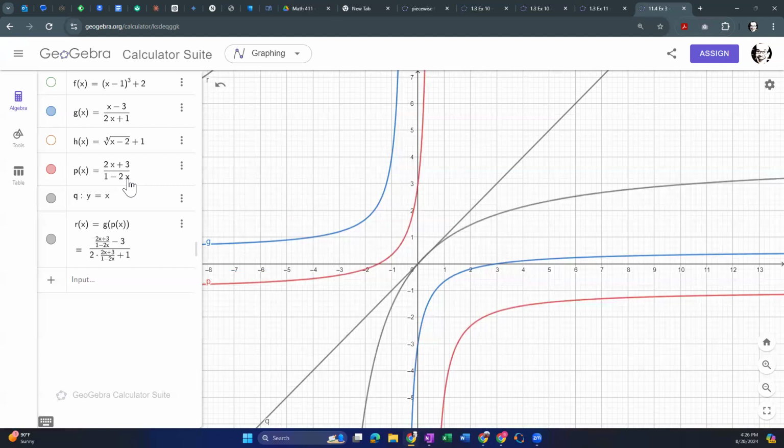That still doesn't look good, because when we compose them, we should just get a straight line, y equals x. And this thing that's curvy. What's going on?